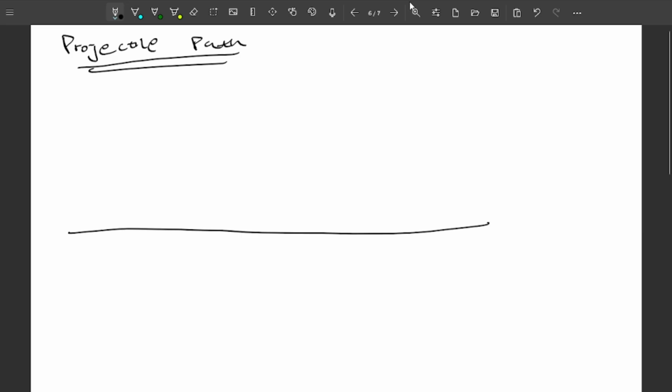We have a ball that is thrown from point A to point D. One thing I want us to notice is point A is the beginning and point D is the end.